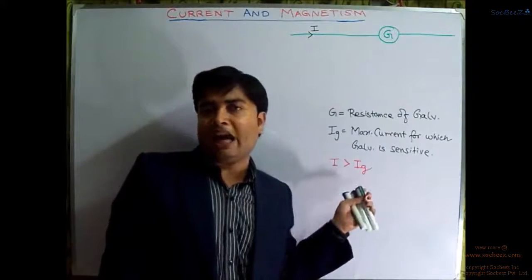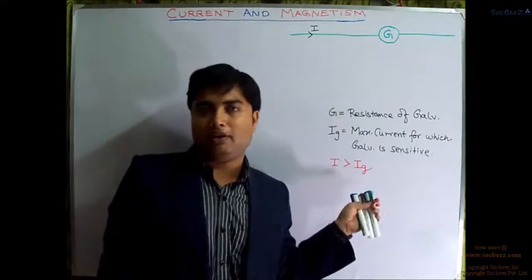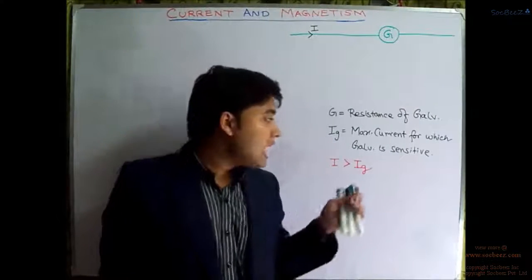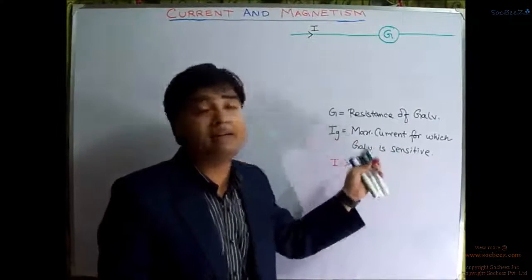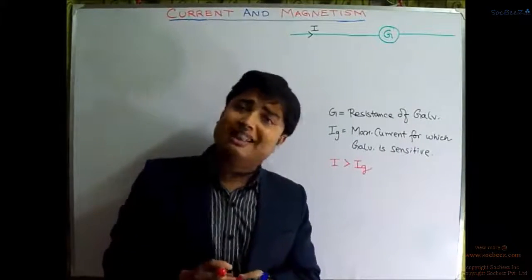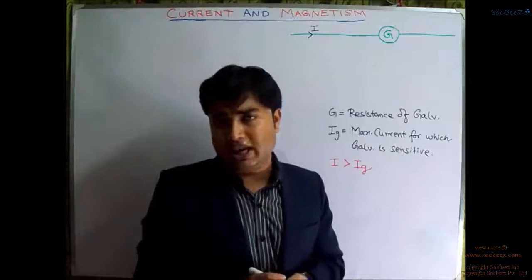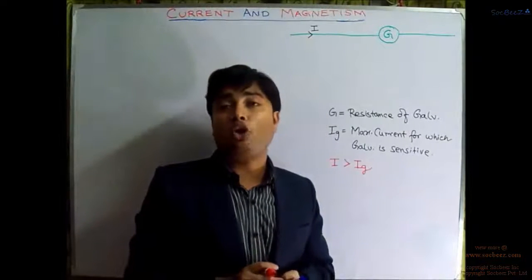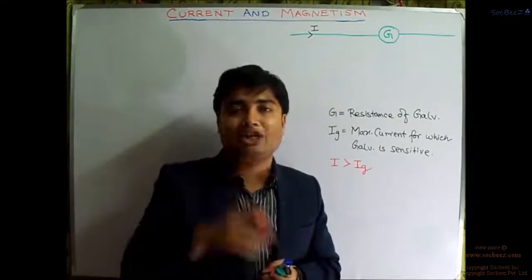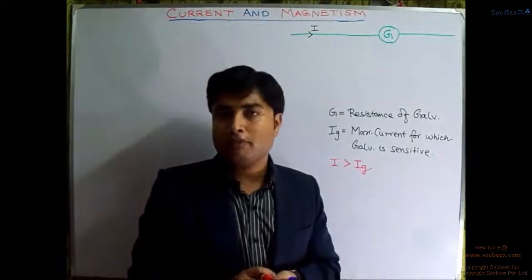After 11 ampere till 100 ampere, this galvanometer will not be sensitive. I mean, it will be sensitive, but there will be no deflection on the scale. Or there may be deflection on the scale, but those will surely be absurd readings, not one where the deflection is directly proportional to I.